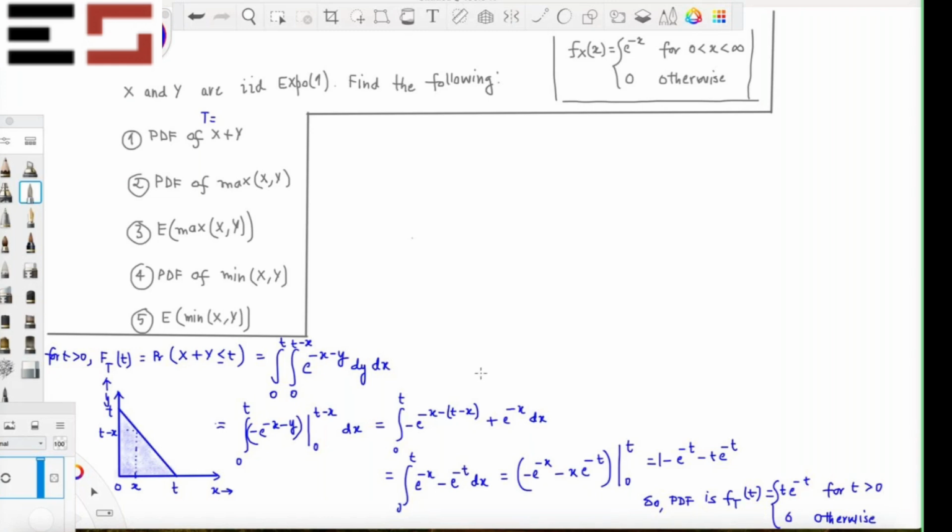So this is the probability density function of x plus y. Have you all understood this?